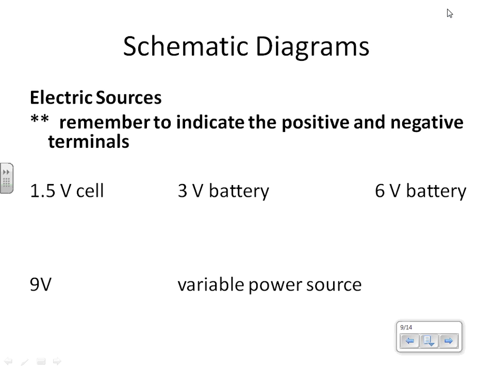So I know you guys don't fully know what a volt is, but hopefully using this you'll be able to figure it out. So the first thing is a 1.5 volt cell. A 1.5 volt cell has a short line and then a long line.